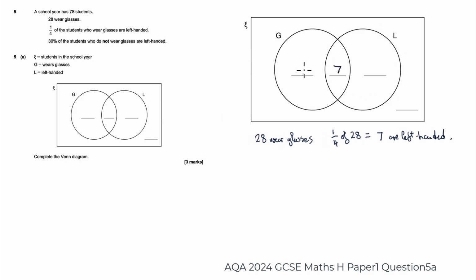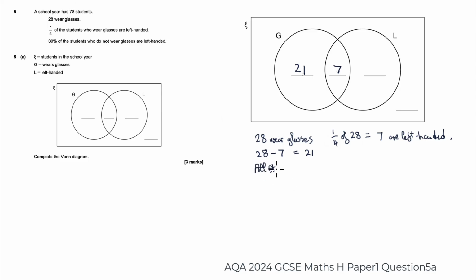The rest of them would be what? 28, and take away these 7, well, they would be right-handed. So the 21 plus the 7 make up the 28 who wear glasses. So far so good. Next fact that we haven't used, 30% of the students who do not wear glasses are left-handed.